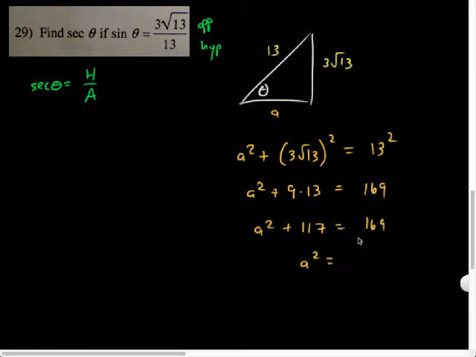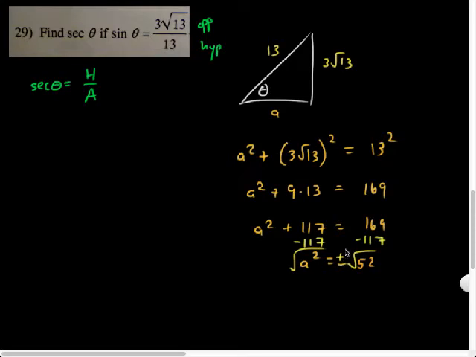A squared equals, let's see, subtract 117 from both sides. What's this going to be? This is going to be 52. I like it. And now I could root both sides. That's not 5 squared, that's 52.